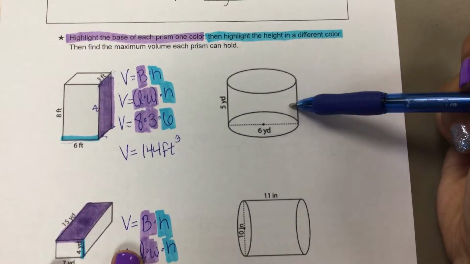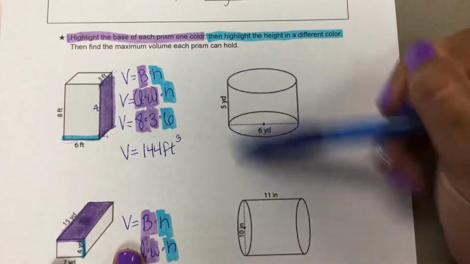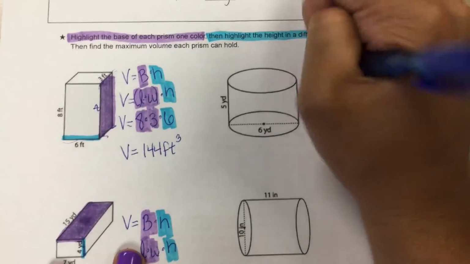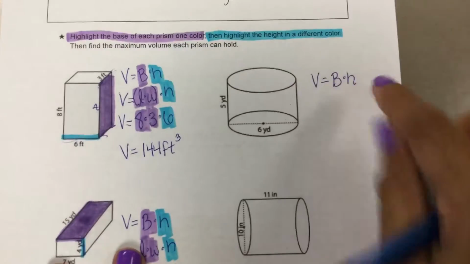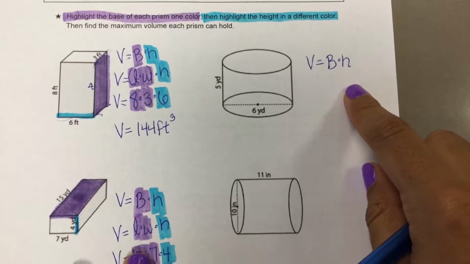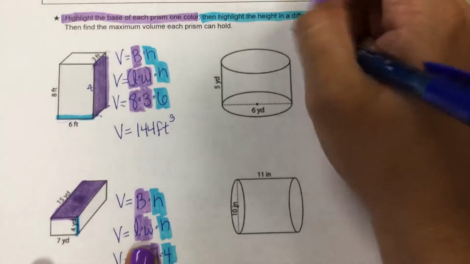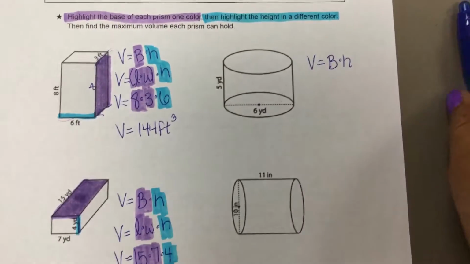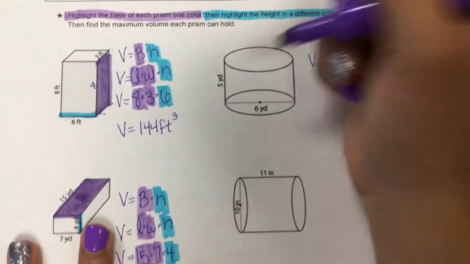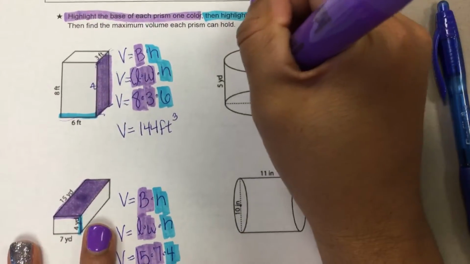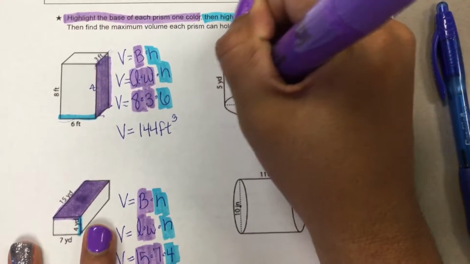All right, so cylinders are the exact same way, okay? We're gonna start off the same. V equals big B times H. Okay, now the base for this is our circle. So when we have a cylinder, our base is always the circle.